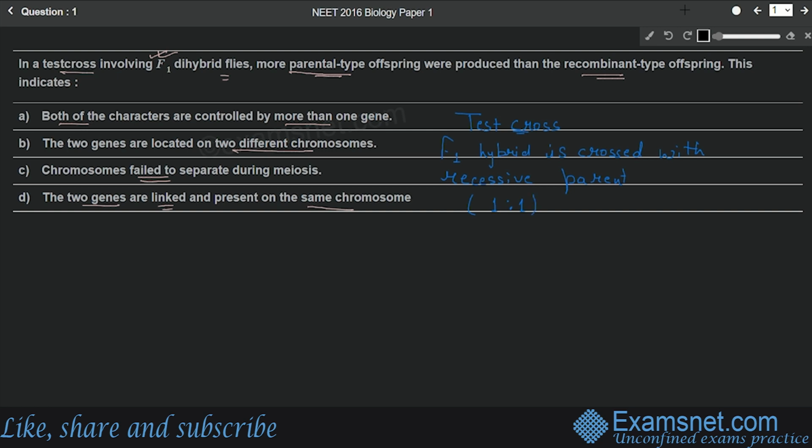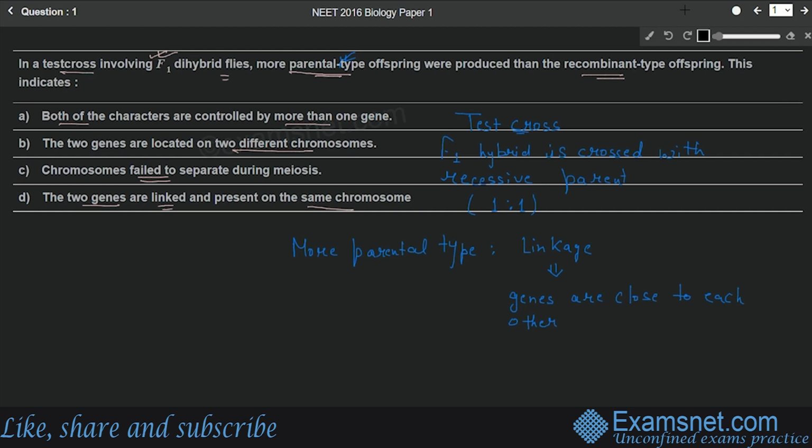Now, in this question, it is given that there are more parental type than the recombinant type. And this is possible when the genes show linkage. And what does linkage mean? It means that the genes must be located very close to each other, then only they will show linkage, right?